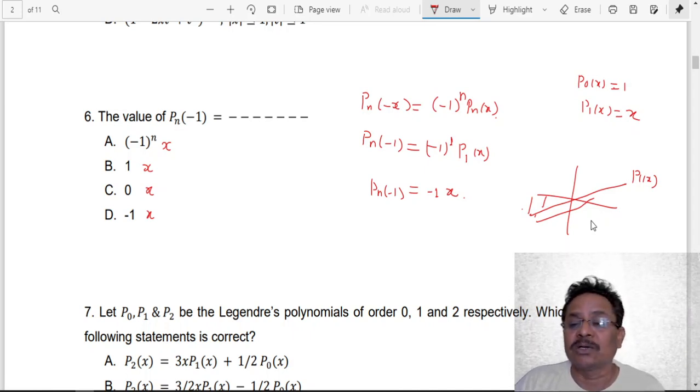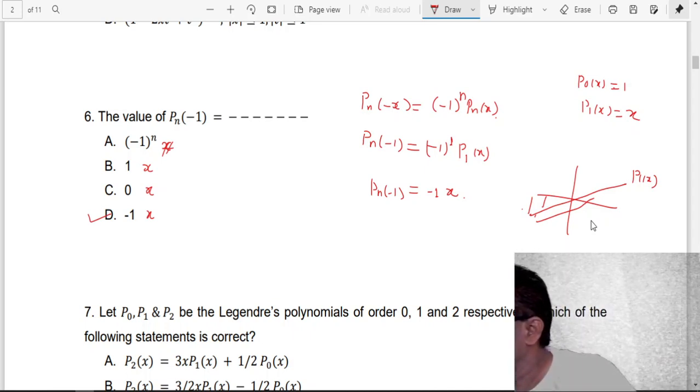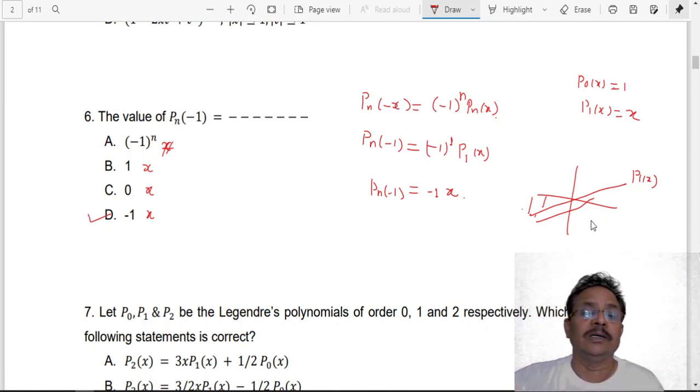So this is the correct option: I'll get this to be minus x. So Pn of minus 1 is simply minus Pn of 1, and then simply minus 1 into x. So this is the correct answer here.